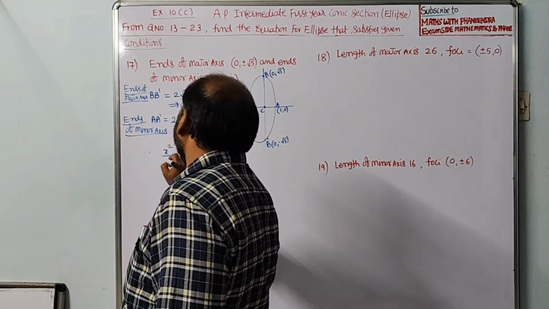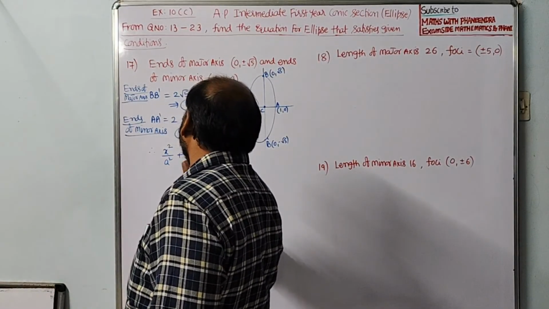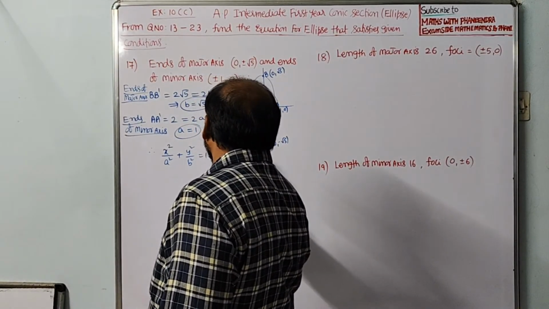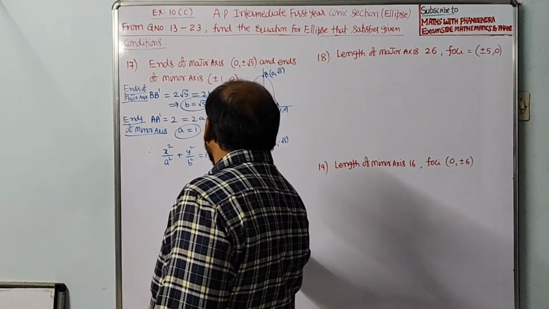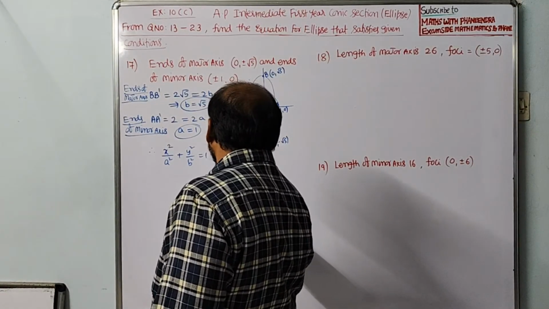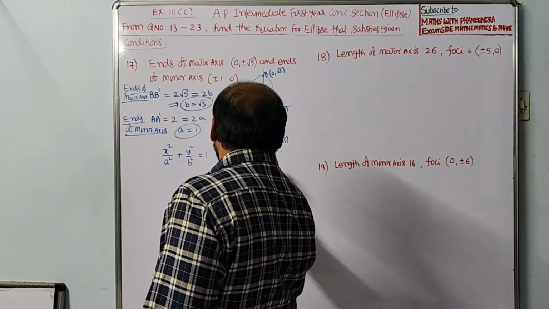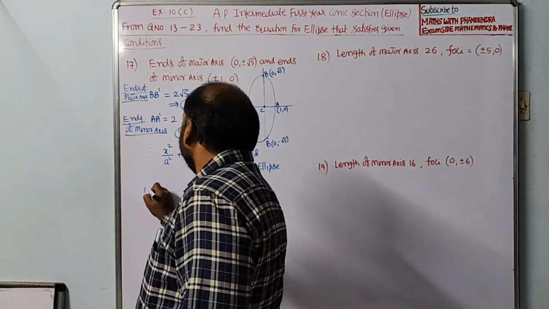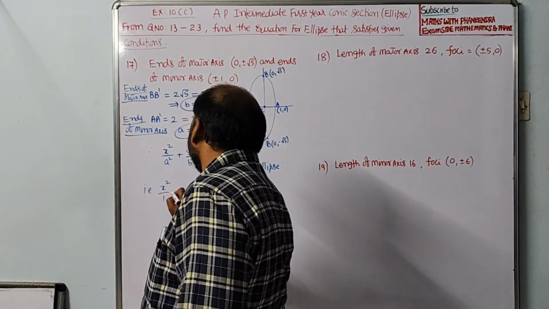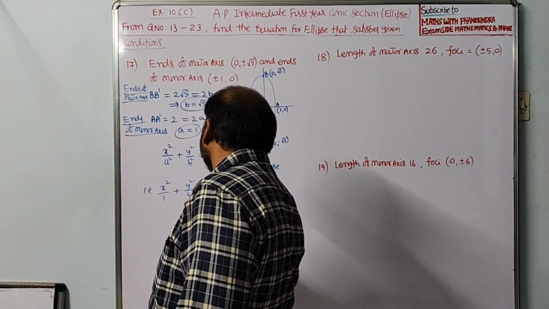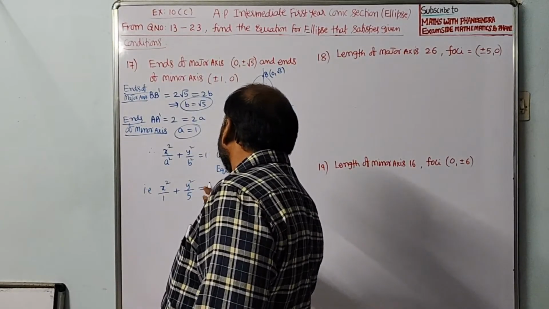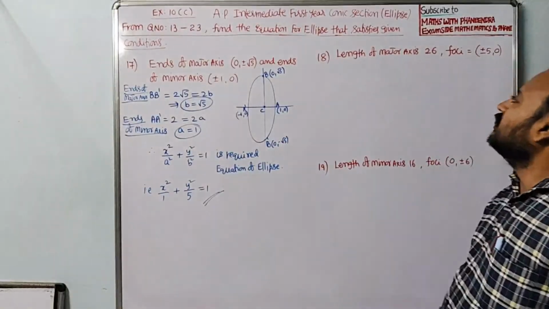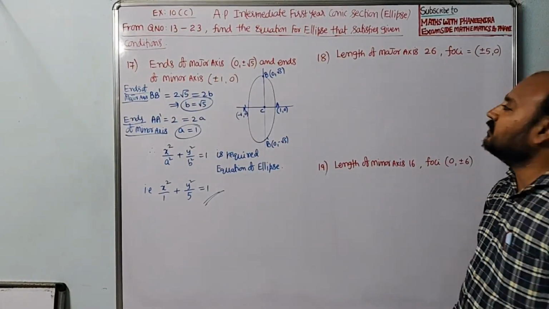So x square by a square plus y square by b square equal to 1 is the required equation of ellipse. That is x square by 1 plus y square by root 5 whole square, which is equal to 1. Okay, dear students, I hope you understand. We'll move to question number 18.